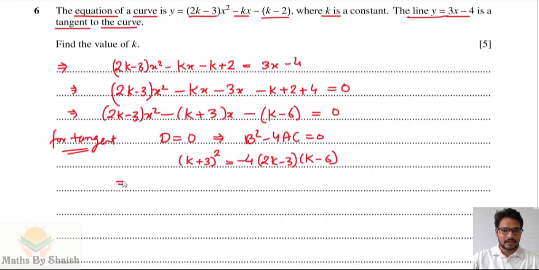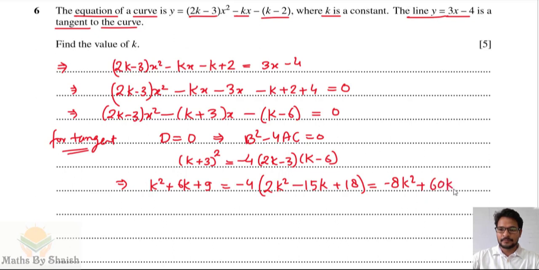So let's do it. (k plus 3) whole square becomes k square plus 6k plus 9, by the identity (a plus b) whole square equals a square plus 2ab plus b square, equals minus 4 outside, and we multiply: it is 2k square, and 2k into 6 is 12k, minus 3 is minus 15k, and minus plus 18. So we multiply by minus 4, we will get minus 8k square plus 60k and minus 72.